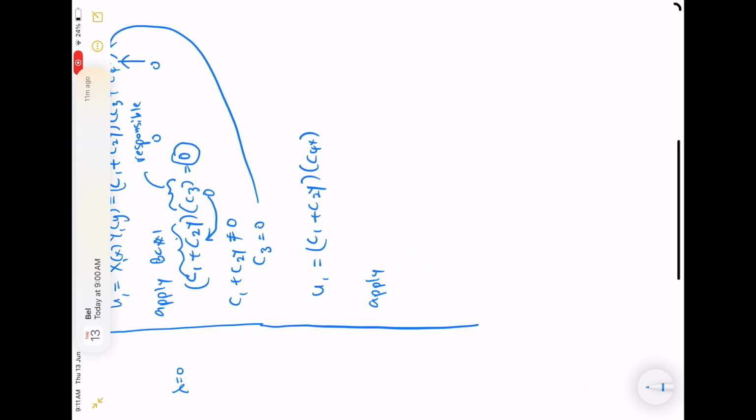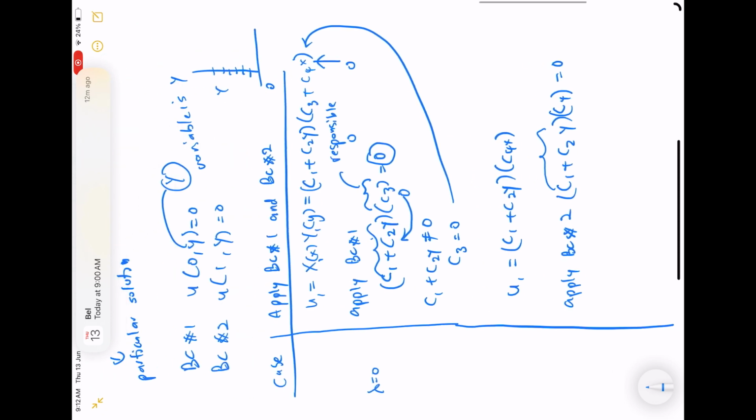Boundary condition number 2: we have c1 plus c2y multiplied by c4 equal to 0. Like I mentioned just now, the variable is y, because boundary condition number 2 is u(1, y) equal to 0.